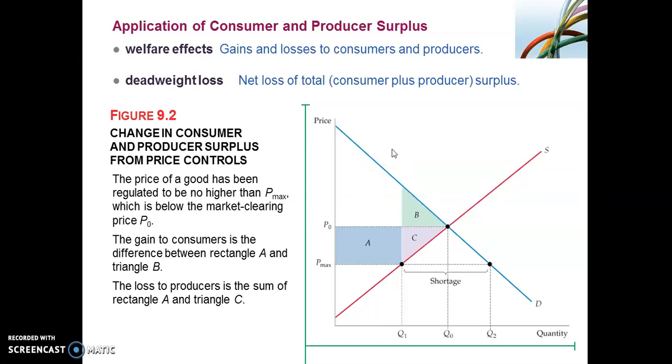The other triangle C also represents a loss to producers, because production is lower and some producers had to leave the market. Those that didn't leave, because of having lower marginal cost, are also losing that bit as a result of this lower price Pmax. So the total loss to producer surplus is minus A minus C.